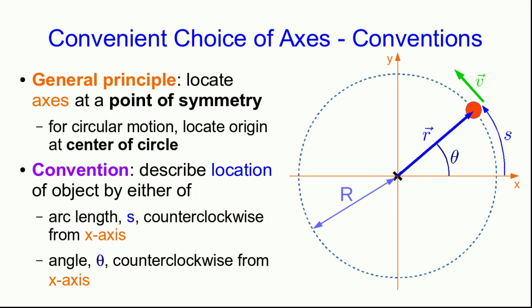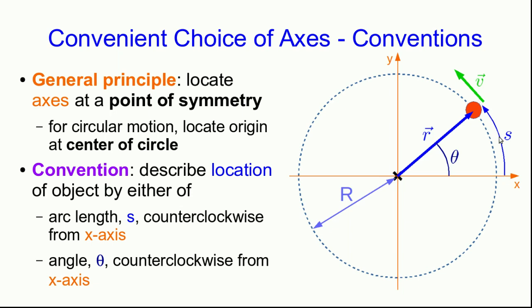Now, having done that, the position vector at any time is pointing from the center of the circle to the object that's going around the circle. And so we have a choice of two ways to describe the location of the object. We know it's always on the circle, and so we could describe how far around the circle it has gone, a length measurement, and we usually choose to measure from the positive x-axis.